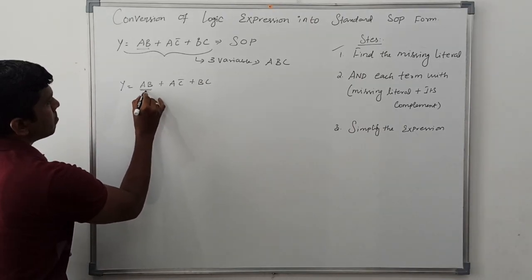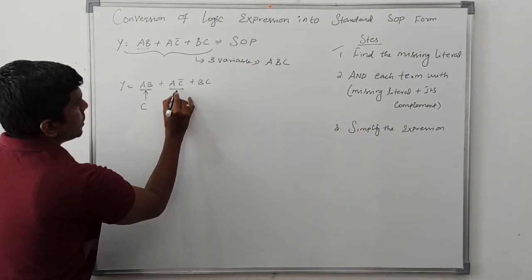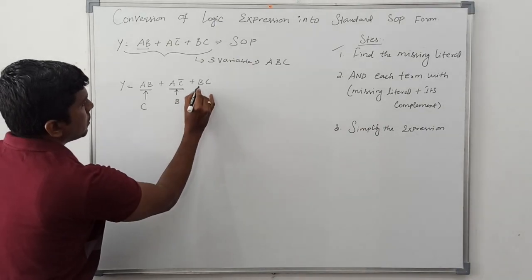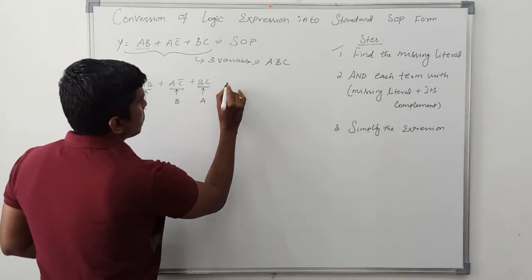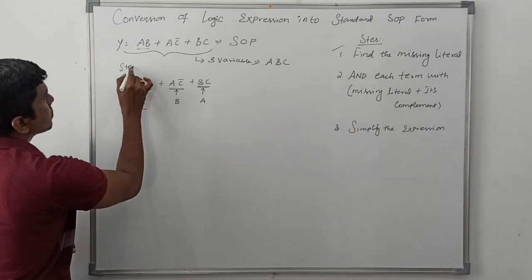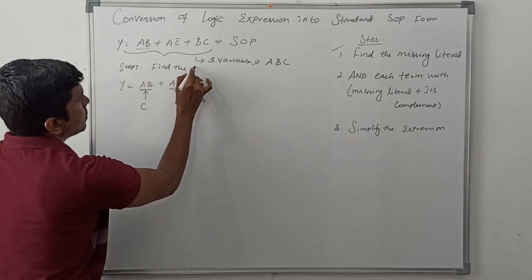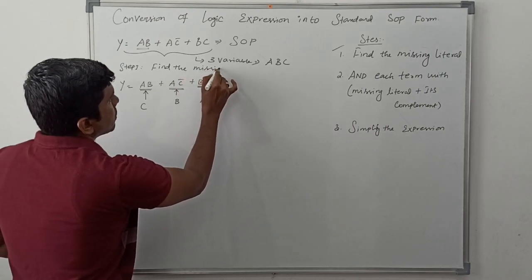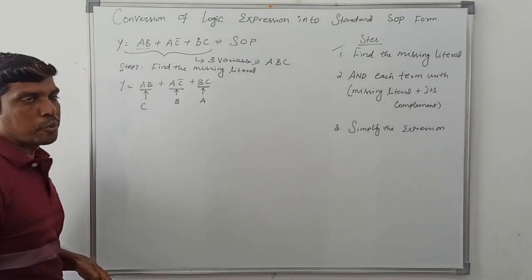In the first term, the missing literal is C. In the second term, B is missing. Here, A is missing. So that is step 1, find the missing literal.